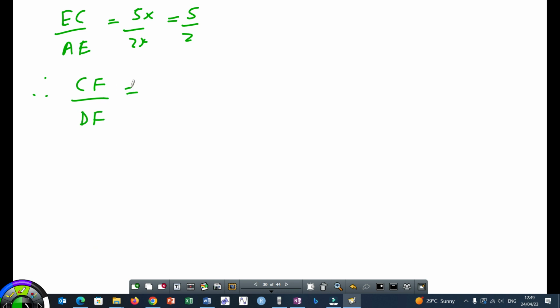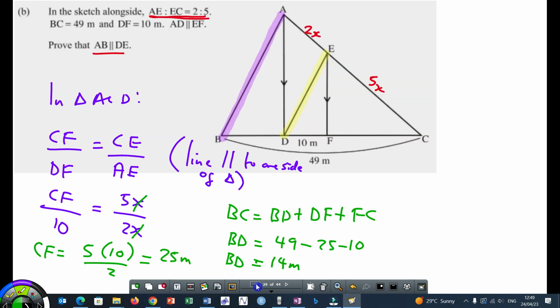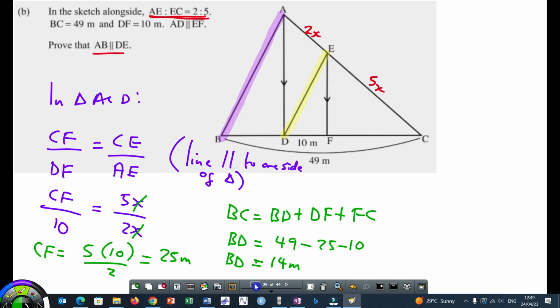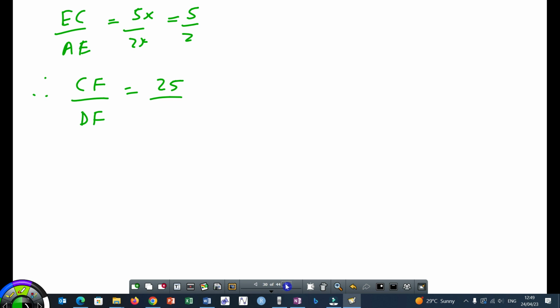Is equal to, right, now my CF is what? 25. And my BD is 14. So CF is 25 over BD, which is going to be, no, it's going to be CD rather. So that I'm supposed to write the CD. Sorry, this is not correct. Let me write it as CD.